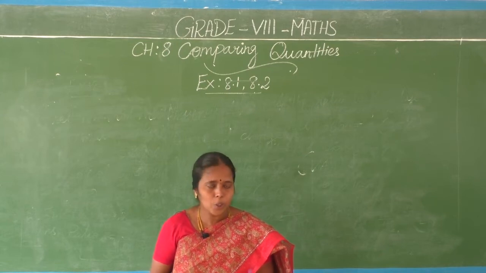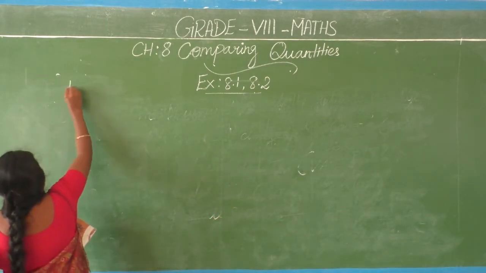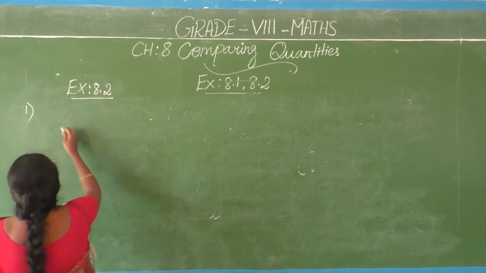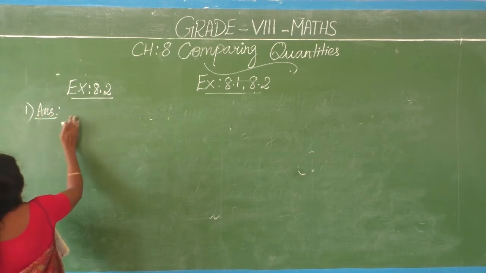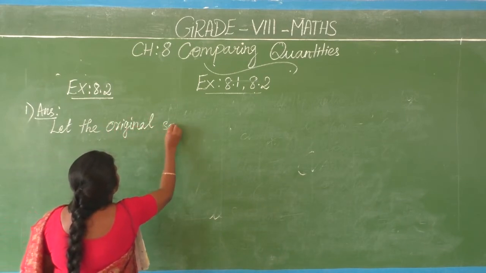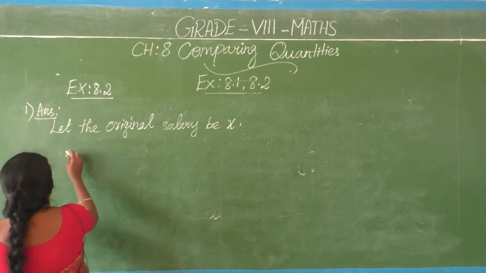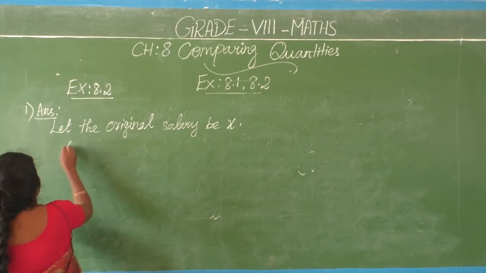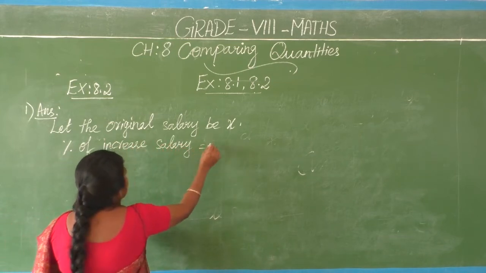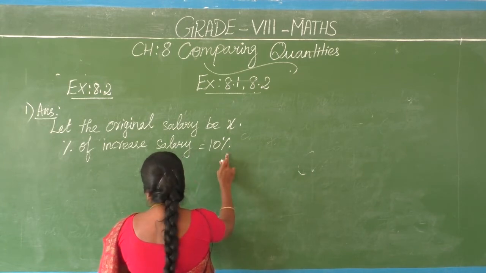We don't know the original salary, so we will assume that the original salary be X. The percentage of increased salary is 10%.